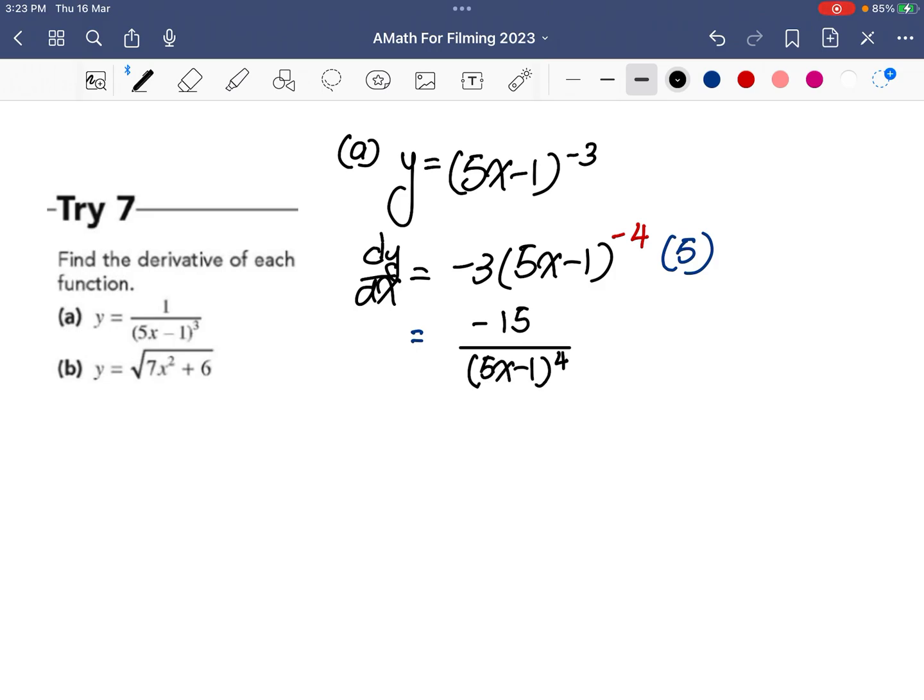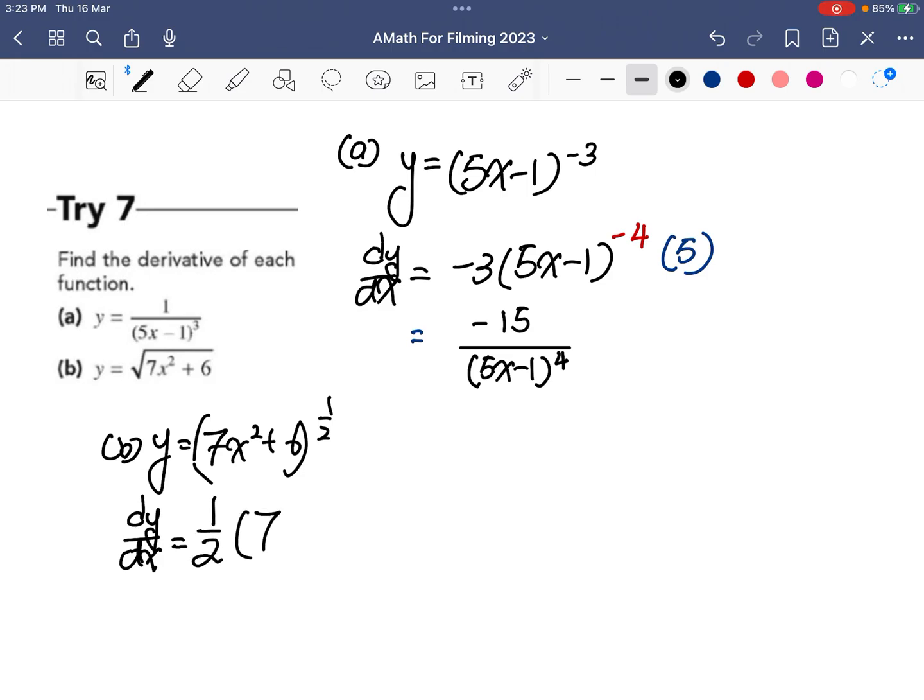For part B, I express it as 7x squared plus 6 to the power of half. I differentiate y with respect to x. So first the half comes down, 7x squared plus 6, half minus 1 gives me negative half.